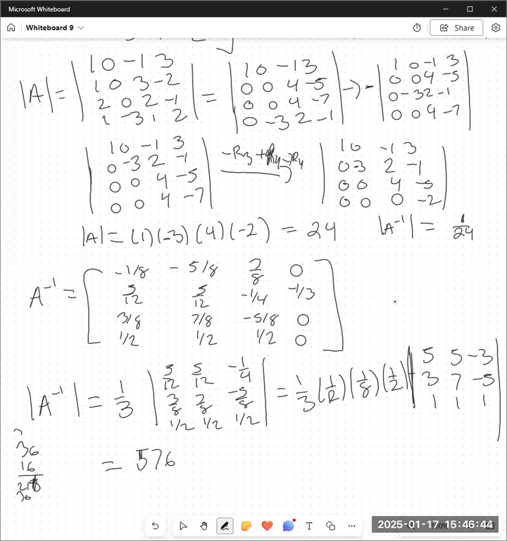For my denominator, no, that is, what did I write 12ths there? That's fine.